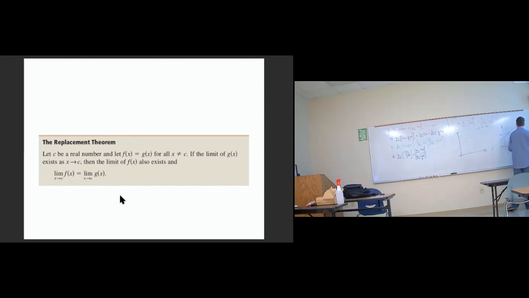So what this tells us then is that g of x is equal to x plus 1 when x is not equal to 1. Now, why is that? Well, that's because when x is equal to 1 here, our denominator is 0, right?